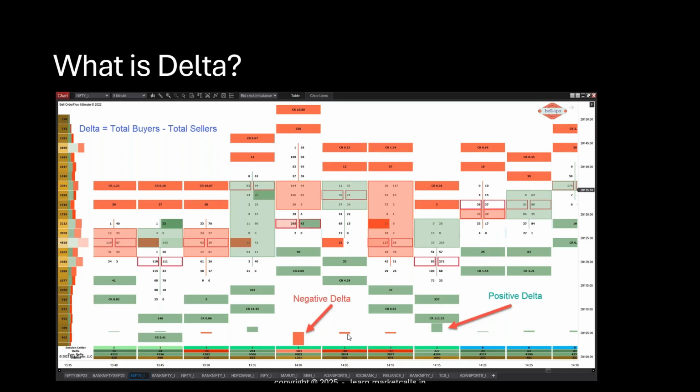Smaller the number, not much of an effect there. Bigger the number, more traders competed. You can see the negative delta candle itself shows bigger sellers, whereas the positive candle shows that bigger buyers competed compared to the sellers over here.